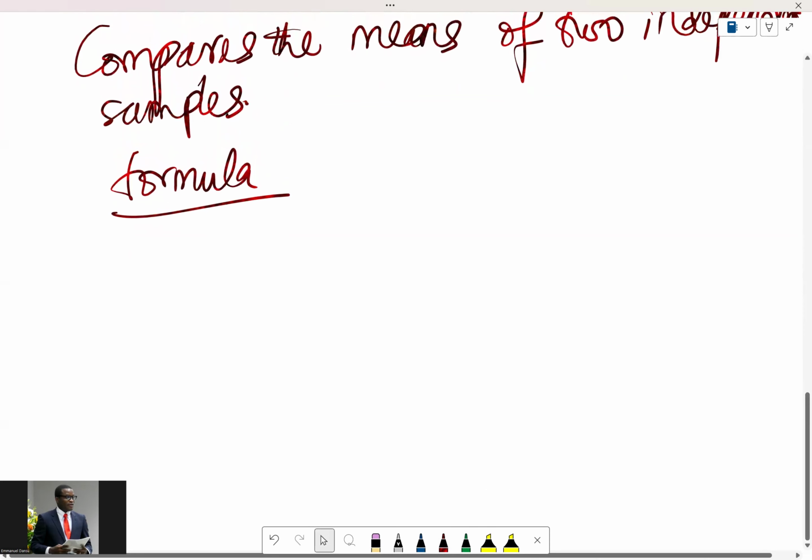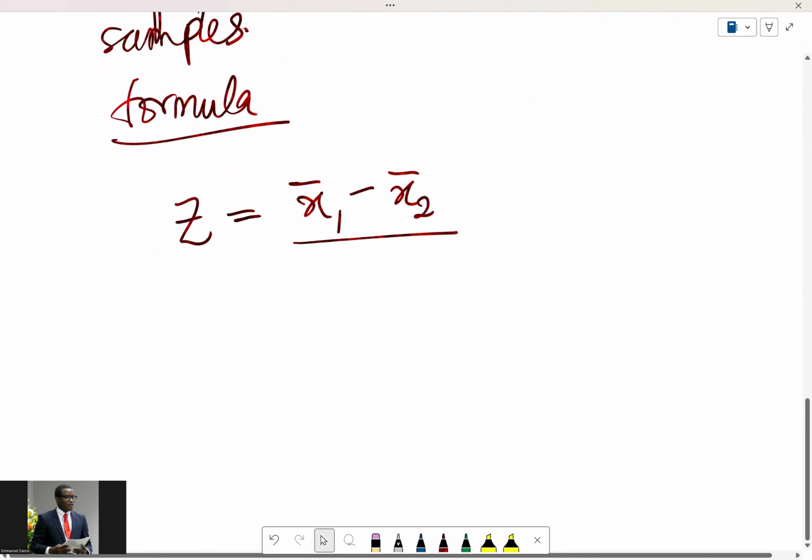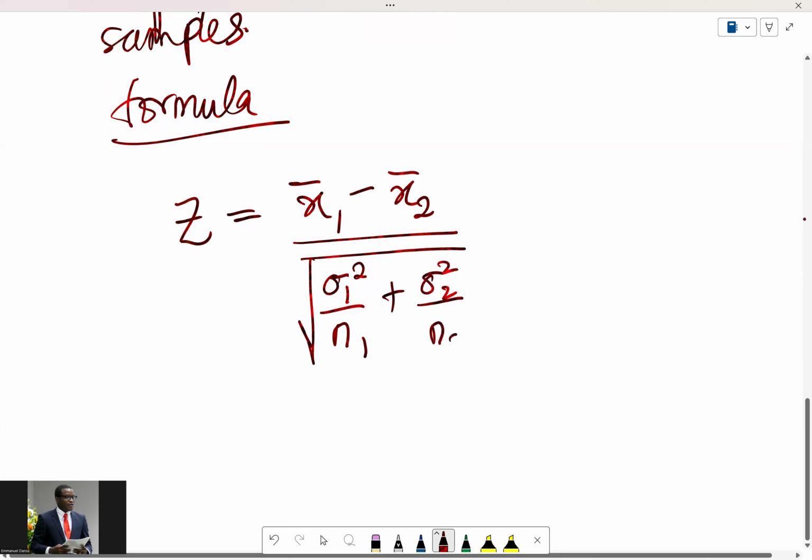Now, this formula is a bit extended. Instead of just having X bar minus mu, since we are considering two samples, Z now will be X1 bar, that is the sample mean for the first sample, minus X2 bar, the second sample mean, divided by the square root of the standard error, or if you like, the standard deviation squared of the first sample divided by the sample size of the first one, plus the standard deviation squared of the second one divided by the sample size.